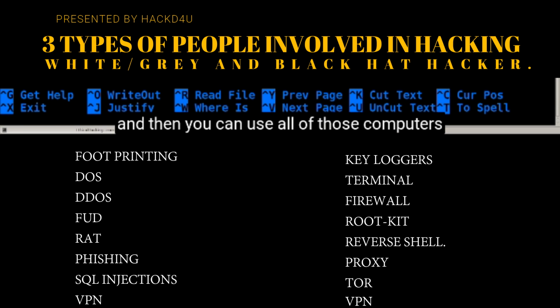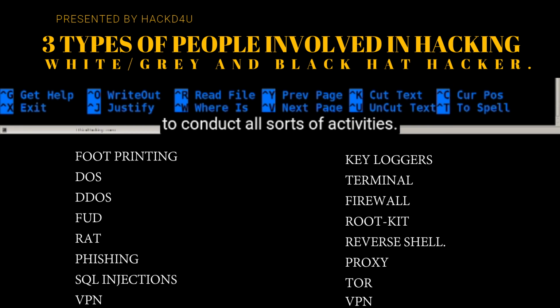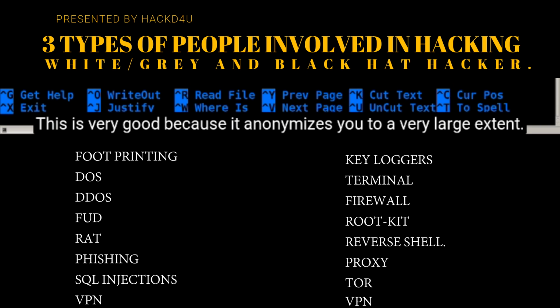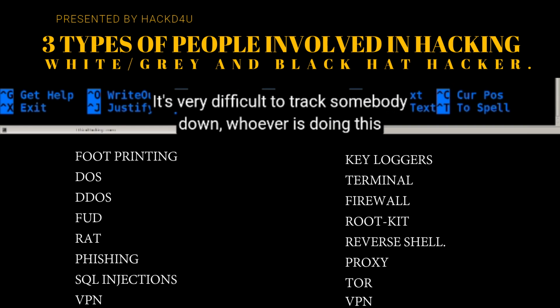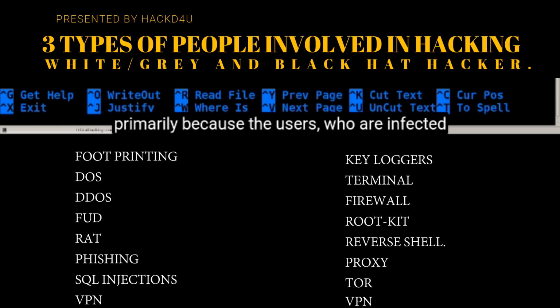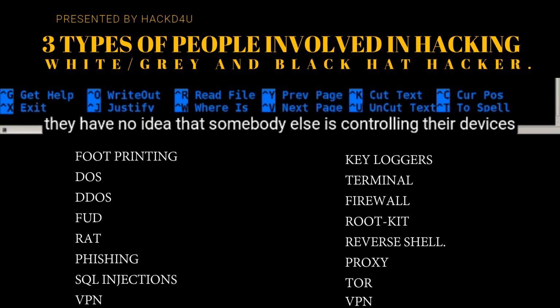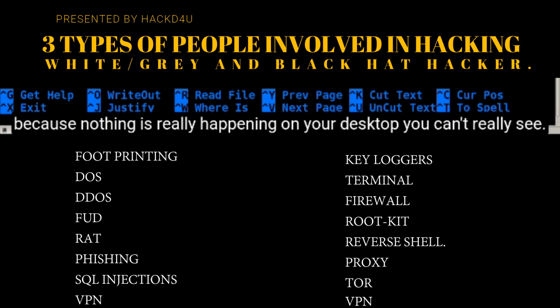And then you can use all of those computers to conduct all sorts of activity. This is very good because it anonymizes you to a very large extent. It is very difficult to track somebody down, whoever is doing this, primarily because the infected users have no idea that somebody else is controlling their devices, because nothing is really happening on your desktop.